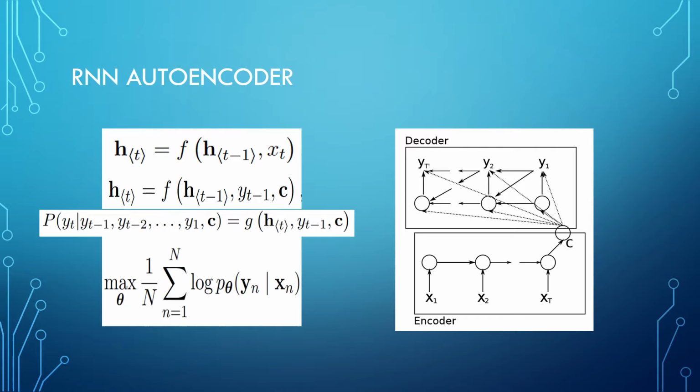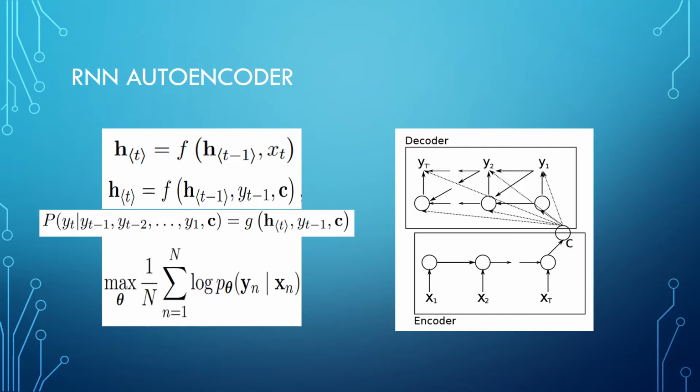The figure on the right is a graphical representation of the RNN autoencoder. Both RNNs are trained at the same time to maximize the function given on the bottom left: the max over theta of 1 over n, summation n equals 1 to n, log of the probability of yn given xn, where theta is a set of model parameters and xn and yn are the inputs and outputs to be trained on.